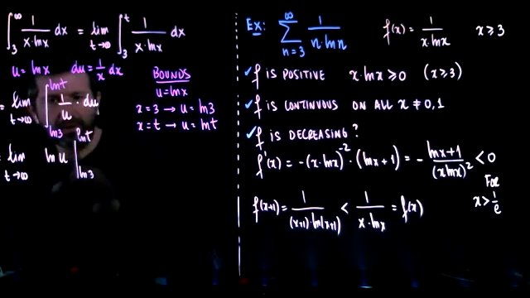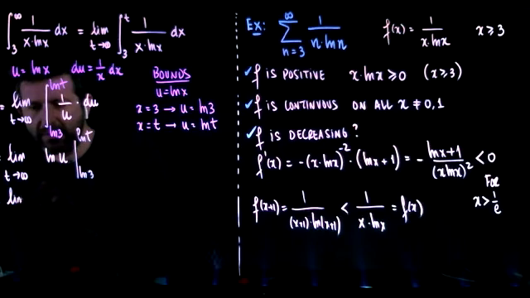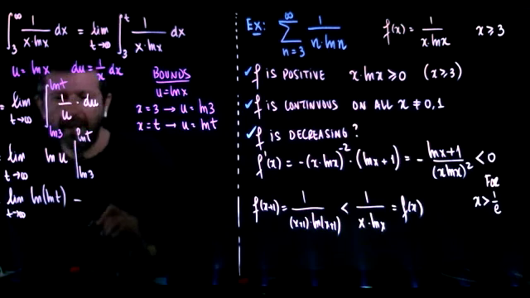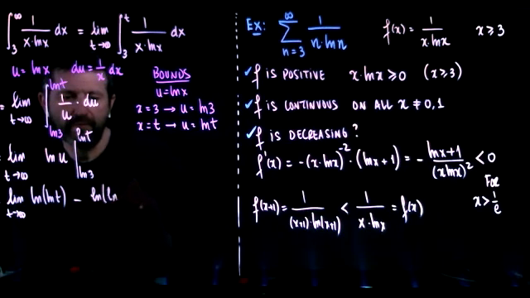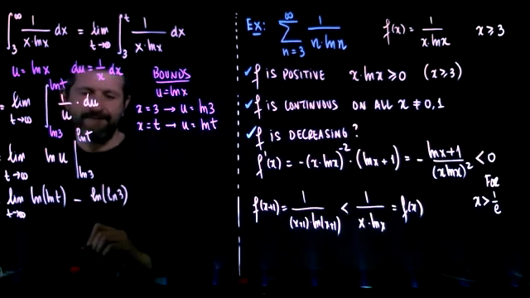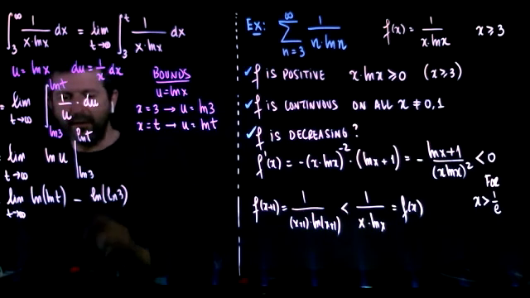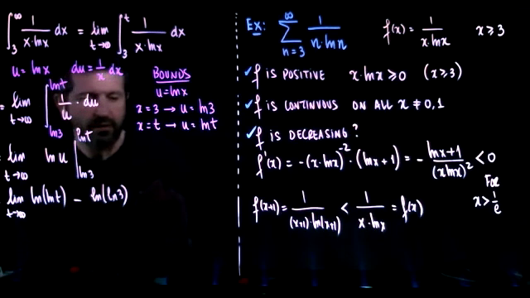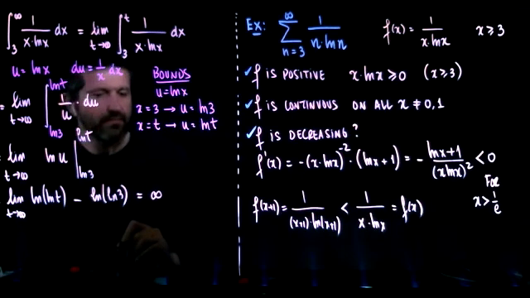And that is, if I plug in ln t, limit as t approaches infinity of ln of t minus ln of 3. And that's it. If you plug in infinity here, ln of infinity is infinity, so all this is infinity.